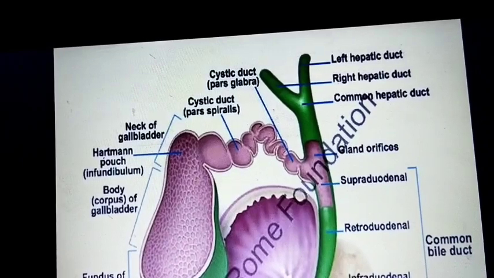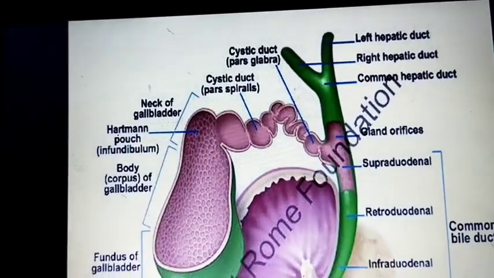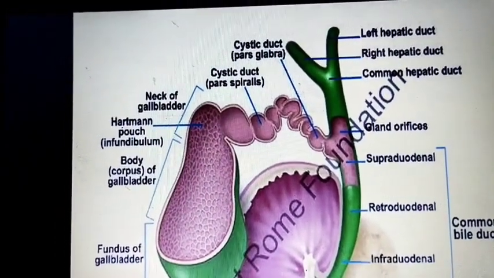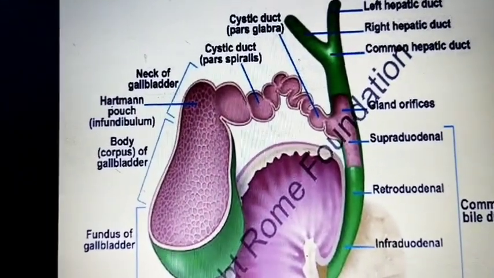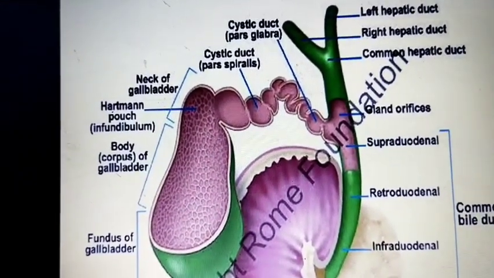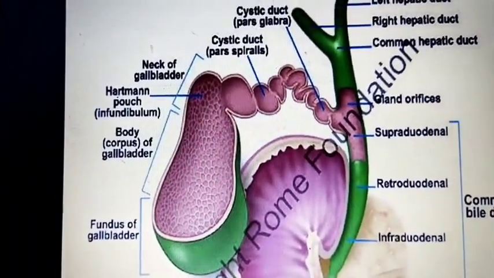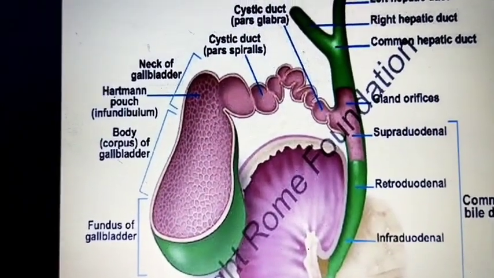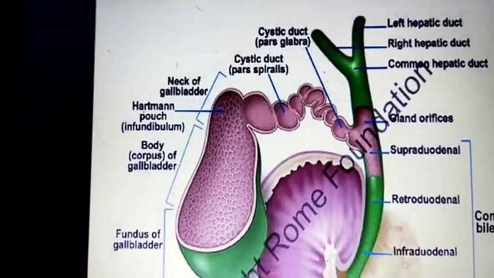They obstruct the movement of gallstones, so the stones do not continue to move on. These spiral folds are called pars spiralis.